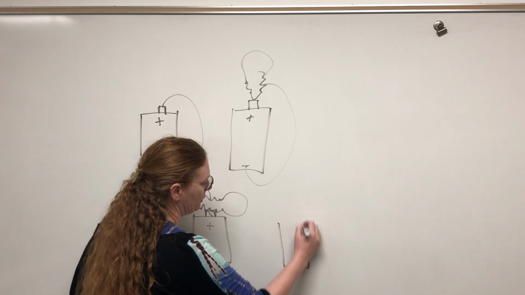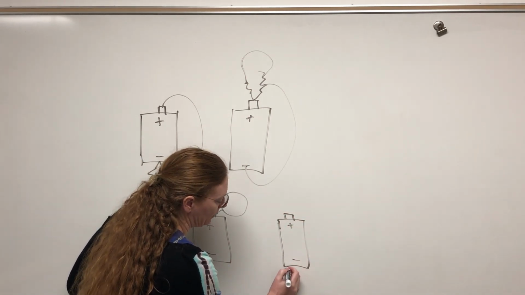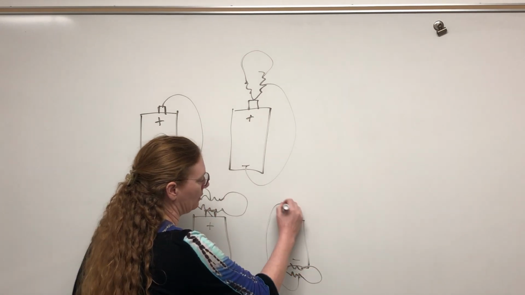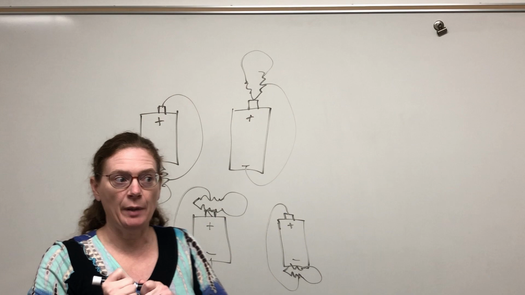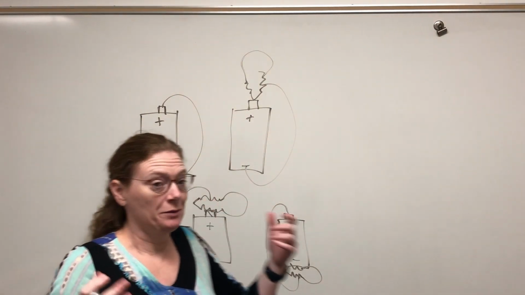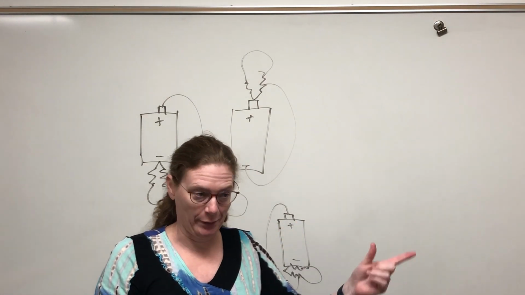The last one would be what? Plus minus, sideways bulb down here. So you can reverse the battery, reverse the bulb, because all electrical devices have 2 ends. Gotta have going in, gotta have going out.